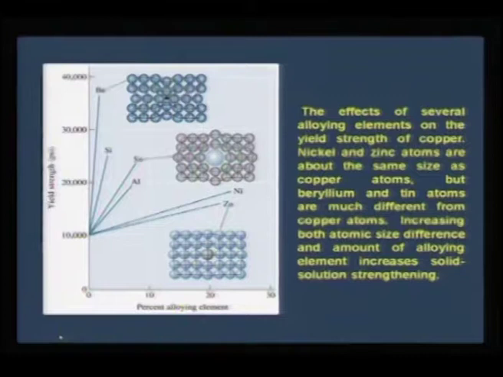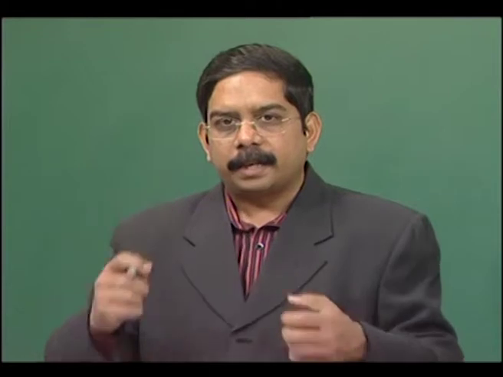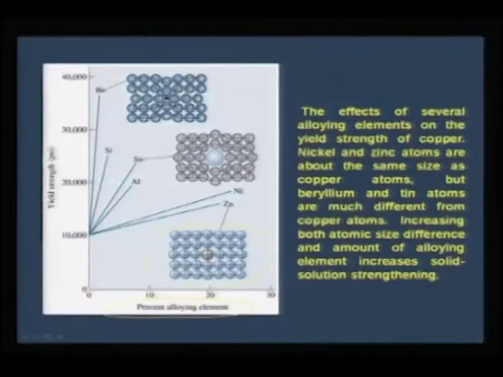For example, if we take the case of copper, in copper if you are going to substitute various metals, you would find that zinc, although it can form a solid solution, because of the ionic radii, the crystal symmetry change or the expansion in the crystal lattice can be viewed using this cartoon.